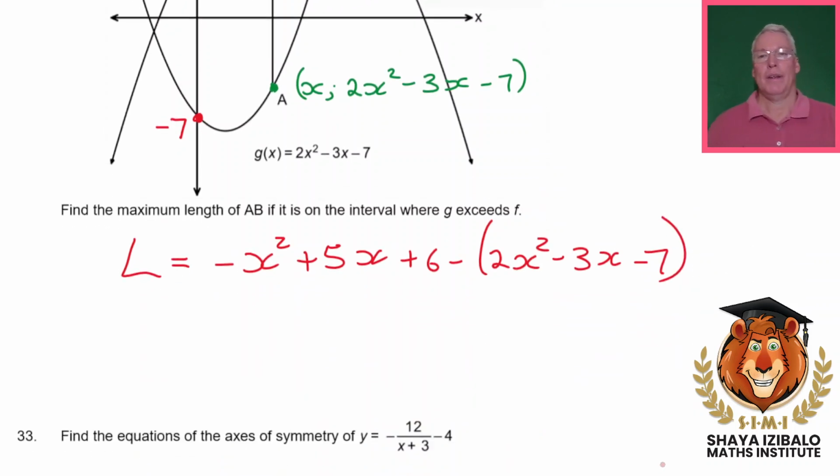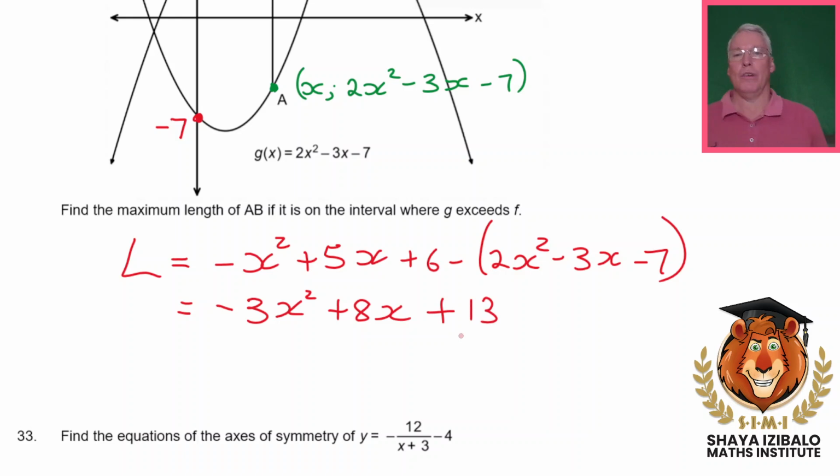Now let's do this subtraction. We're going to get negative x squared minus 2x squared, which is negative 3x squared. We've got 5x and we've got minus 3x, so we've got 8x. We've got 6, and we've got plus 7, so we've got 13.